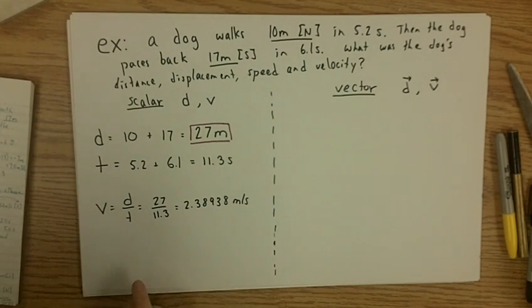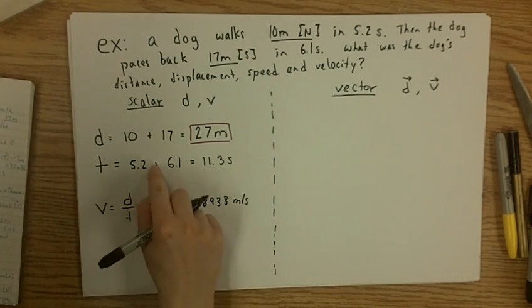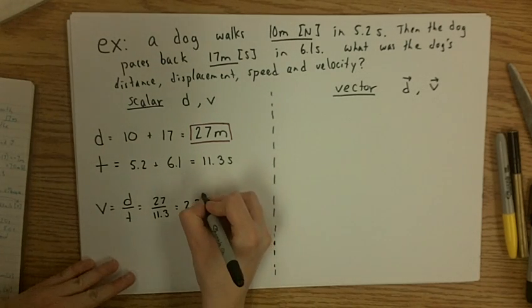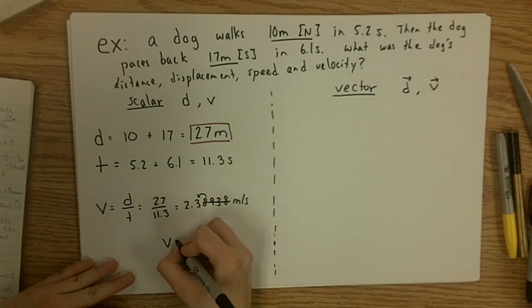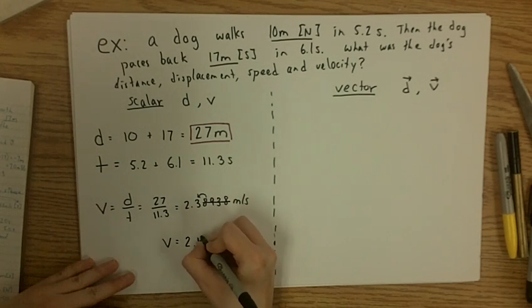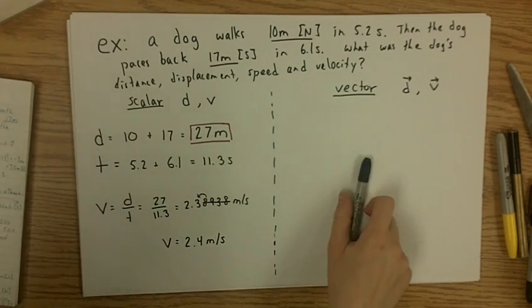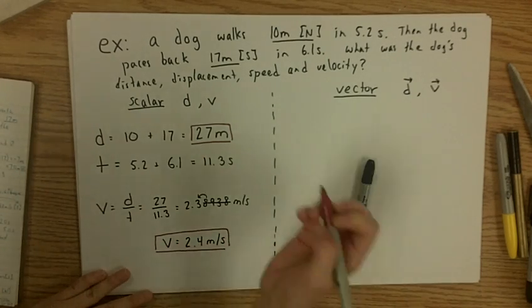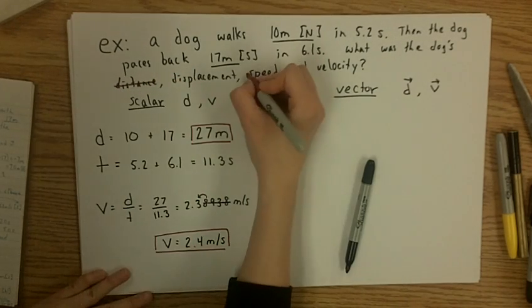And looking at significant digits, I'm allowed 2 significant digits based on the numbers I started with. So the rest go. 8 rounds the 3 up, and my speed is 2.4 meters per second. So now I've found the distance and the speed.